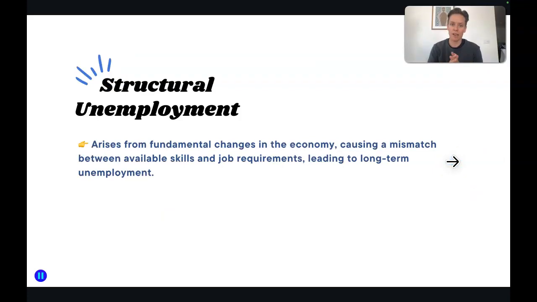In contrast, another type of unemployment that generally gets touted around is this idea of structural unemployment. So this is completely different to cyclical. This one arises from fundamental changes in the economy, where there's a mismatch between the available skills and the job requirements, and it leads to long-term unemployment.